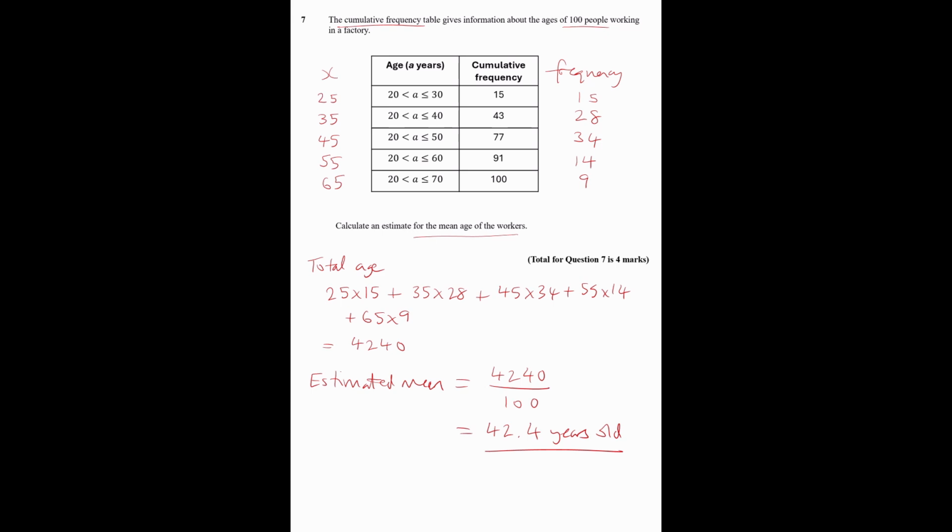Does that make sense? The highest frequency is peaking at the 40 to 50 mark. And then the next highest is in the 30 to 40. So that does make sense. So I'm quite happy with that.